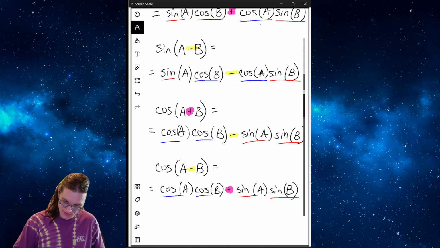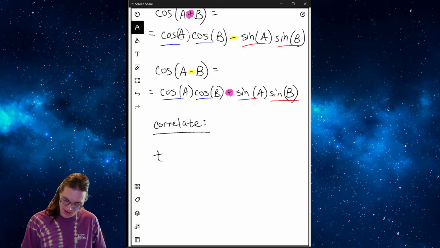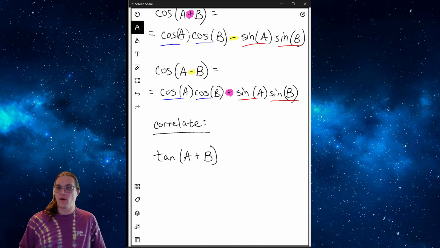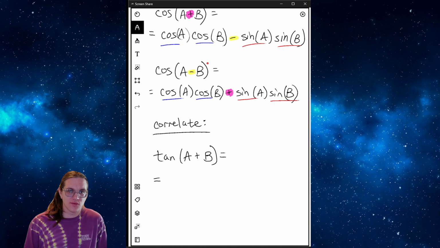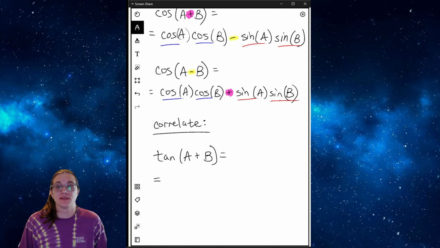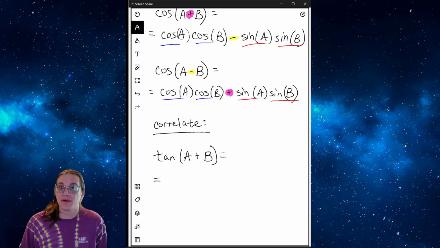Then we have, what I'm just going to write as a correlate, that if you have tangent of A plus B, well, I'm debating whether to even put this on your screen right now because it's a lot. I'm just going to write it. Just keep in mind that it's just a correlate of what I just showed you. So it's not the end of the world if you don't have this one memorized. If you're in a trig class that requires you to memorize the angle sum and angle difference of tangent, then you probably don't need me anyway because you're in a higher level class than I was.